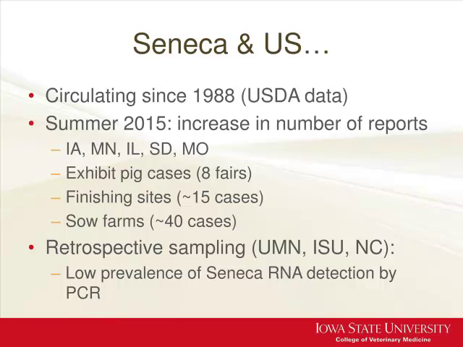We understand that vesicular disease was reported in exhibition pigs in at least some 8 county or state fairs. In finishing pigs, showing clinical vesicular disease, there were some 15 cases or finishing sites reporting this. And in sow farms, we're talking about some 40 cases. It's important to mention that not all sow cases are associated with vesicular lesions in the sows.